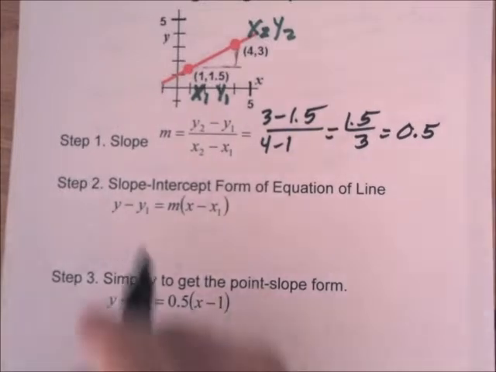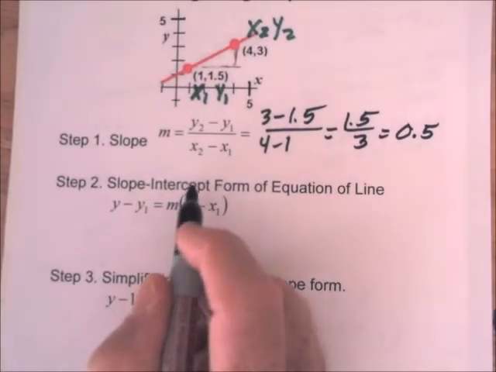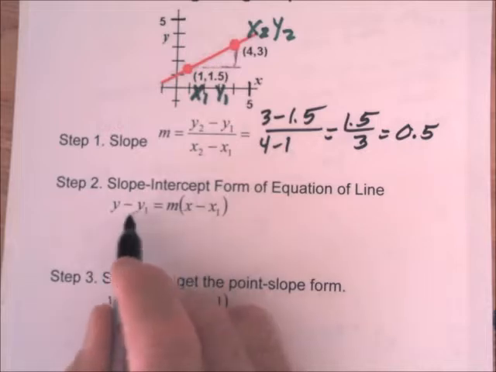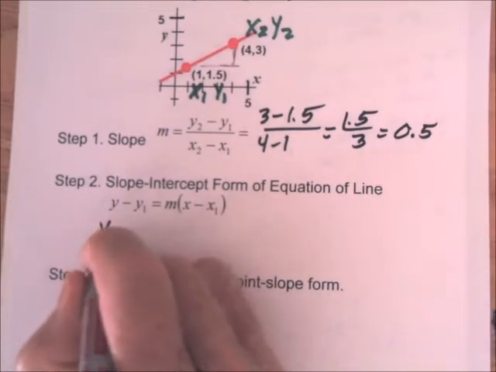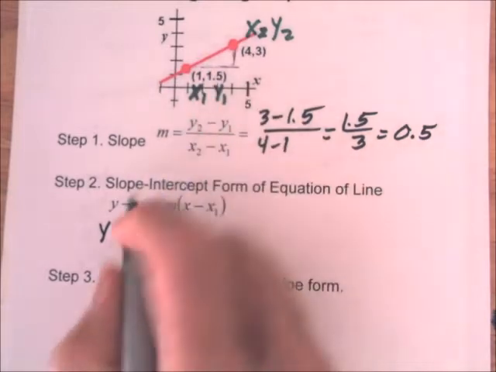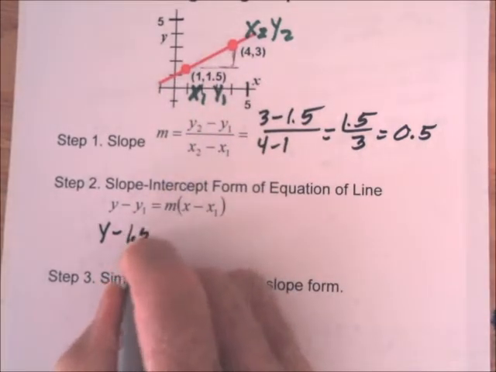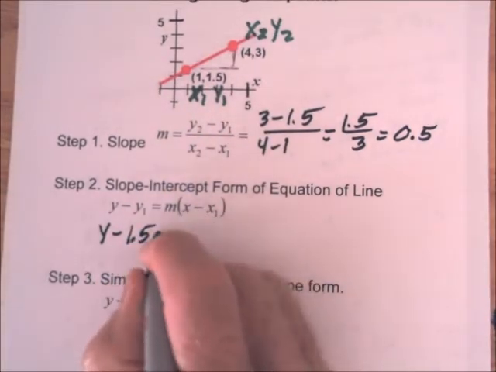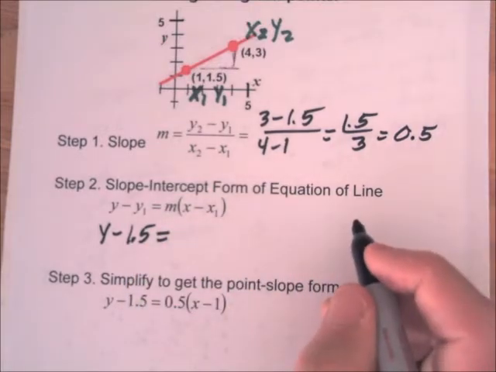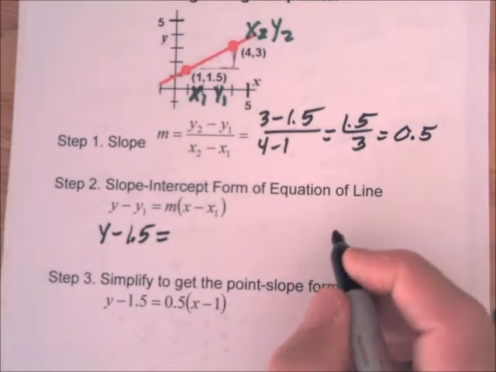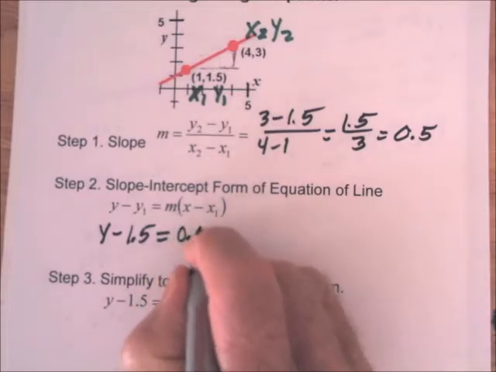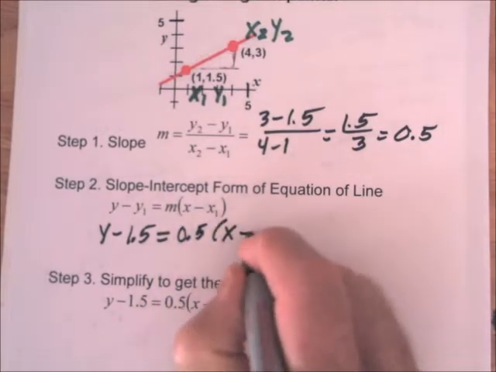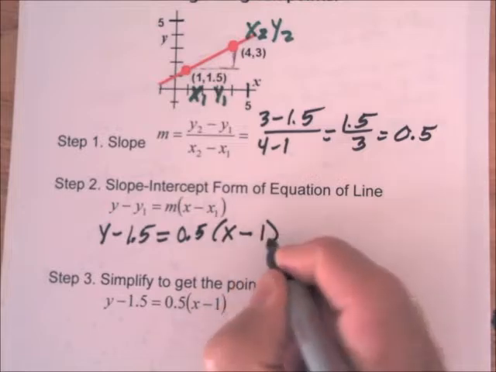And then for the point-slope form, you plug into this formula here: y minus y1 equals m times x minus x1. Y1 is 1.5, and it doesn't matter, you could use x2 and y2 in this formula. It'll give you a different equation, but it'll be an equation for the same line. M we just computed, 0.5. X minus x1, x1 is 1.